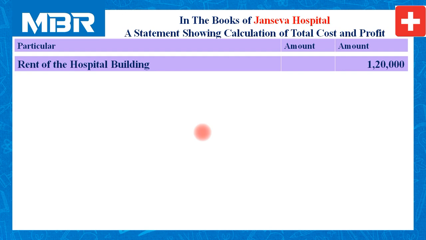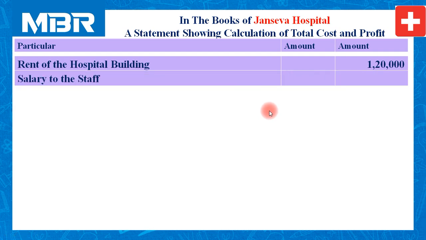This means we need to pay rent to the owner of the premises. So our first expenditure is the rent of the hospital building.